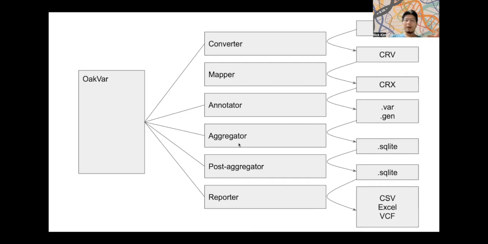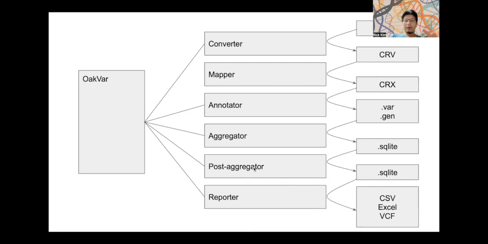Then if we run 10 annotators, then 10 files ending with .var or .gen will be created, and they will be aggregated. They will be combined into a .SQLite database file. In this case, input.vcf.SQLite. And the post aggregator module will do some analysis with the entire set of the annotated columns. So CleanVar columns, cosmic columns, etc. The post aggregator has access to all those columns, and it can add more columns.